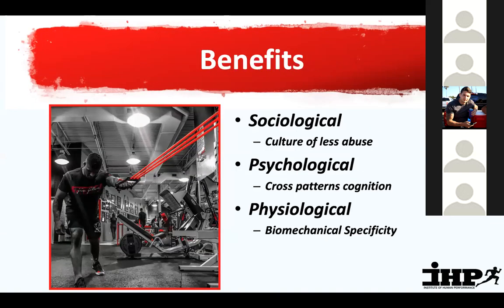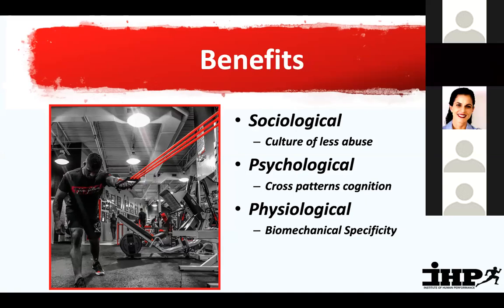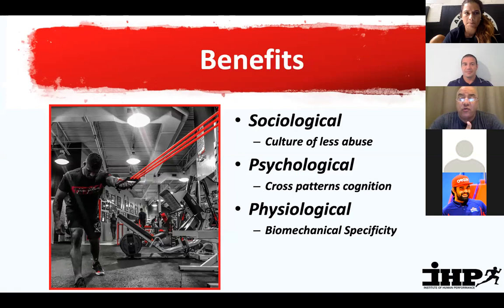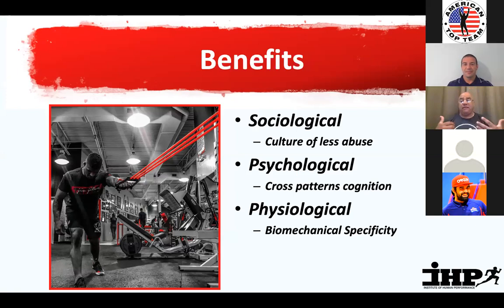All right, so now this type of training has a lot of implications that lie below the exercise science world, below the fibers and all that. It has huge sociological implications. People who gravitate to functional training are usually less apt to do very abusive training with the 300-pound squats and the 500-pound deadlifts.